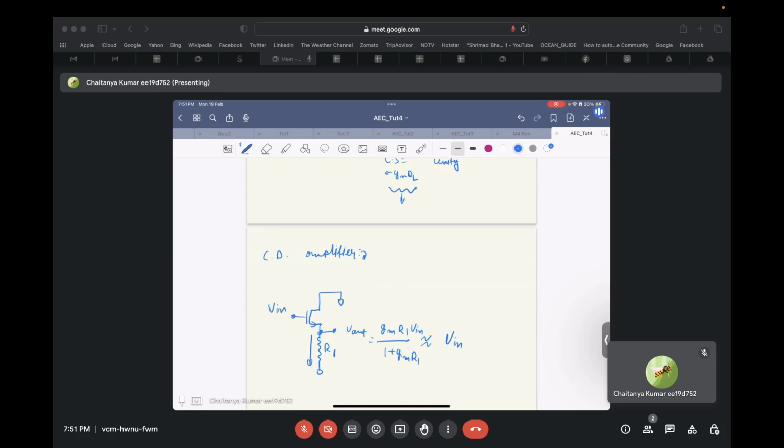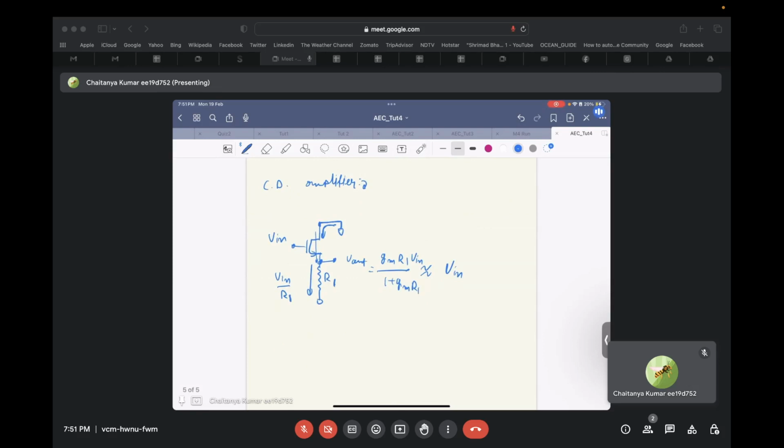That means the current that is flowing through this resistor, and ultimately the current that is flowing from the source to drain of the transistor, is Vin by R1. This is the same current that will flow from the drain side also. So this current is right now flowing directly from an AC ground, so there is no voltage change at this drain side.